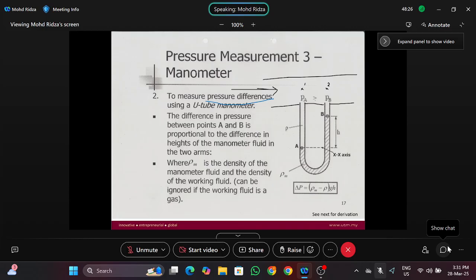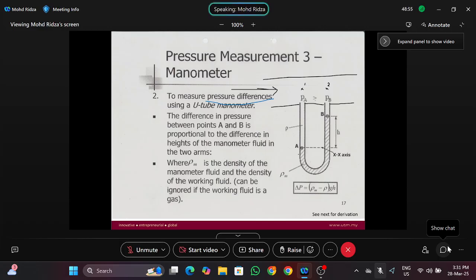So this is PA. Let's figure out. Now, always the first step, if you have a manometer, pick 2 points that you know the pressure is the same. So if you remember, for the pressure to be the same, it has to be the same elevation, and it has to be connected by the same fluid.